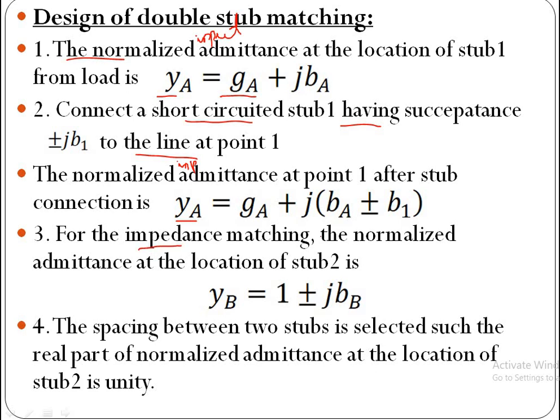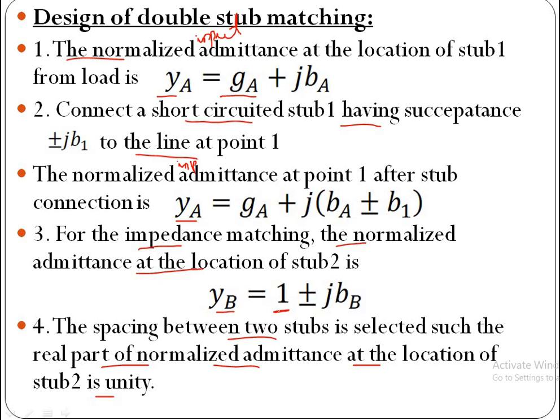For the impedance matching, the normalized admittance at the location of the second stub, for proper impedance matching, YB is equal to, this is normalized, 1 plus or minus JB, denoted by suffix B. So the spacing between the two stubs is selected such that the real part of normalized admittance at the location of stub 2 is unity. So that is the first condition.